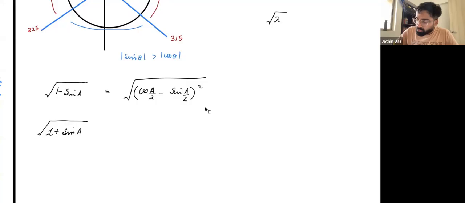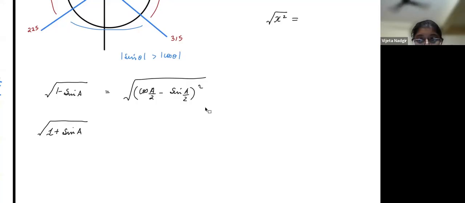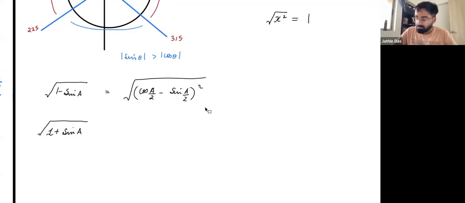Now, what was root of x square? Always plus or minus? No. Mod x. So here mod of cos A by 2 minus sine A by 2. I think this much is clear.